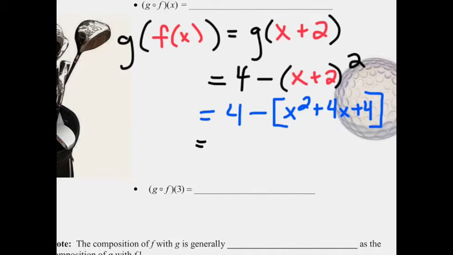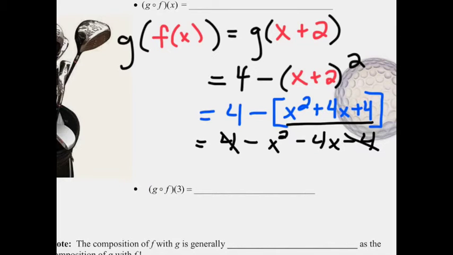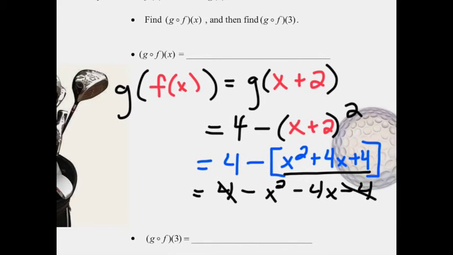And once I have 4 minus my new trinomial here, I need to be careful about my signs. It's minus x squared, it's minus 4x, and it's minus 4. Everything gets subtracted there. Then I can combine my like terms. So 4 minus 4 is 0, and I'm left with negative x squared minus 4x. So the composition of g with f of x is negative x squared minus 4x.